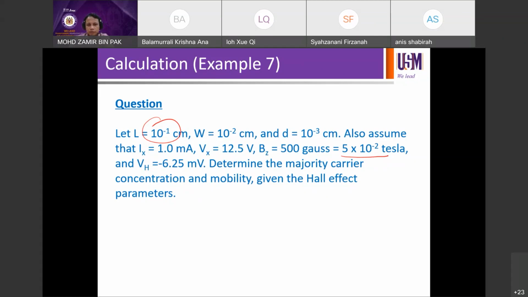So determine the majority carrier concentration and mobility, given the Hall effect parameters. So you are asked to calculate the majority carrier concentration and its mobility. So two parameters need to be calculated with the given Hall effect parameters.